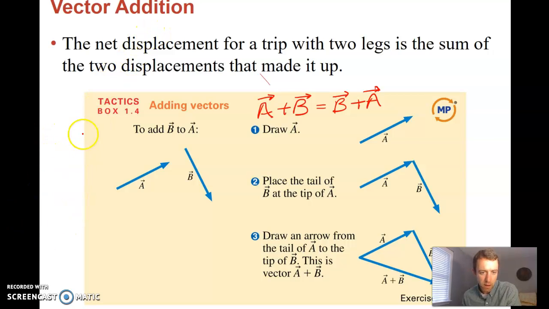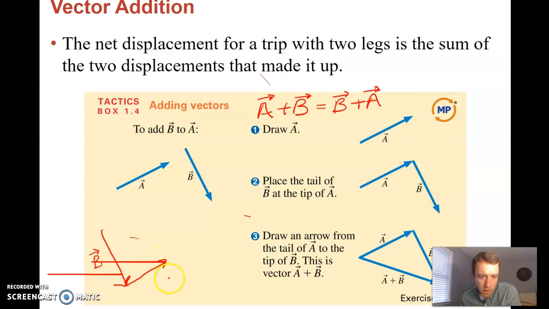So I'll do this down here on the left. B heads down this way. That is vector B, and then we want to add vector A to this. So we come down, add it head to tail. And vector A goes up this way.